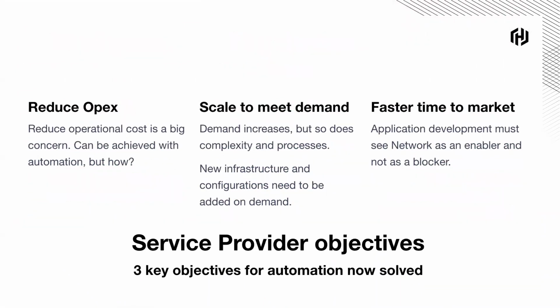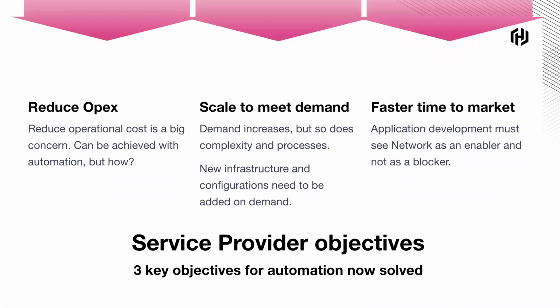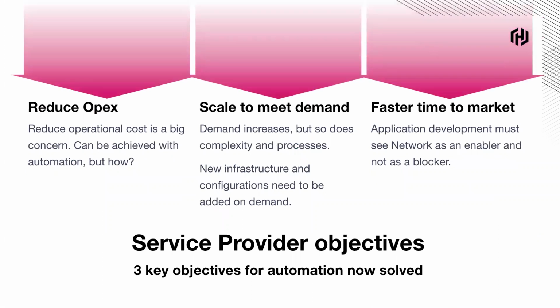And bearing these in mind, if we look at the three objectives that automation tries to solve, it tries to reduce OpEx, right? You need to reduce OpEx, you have this objective, but at the same time, you have to keep up with innovation, right? So it becomes quite challenging. At the same time, you have to scale to meet the demand using hybrid cloud, but then you need to manage these different types of infrastructures, right?